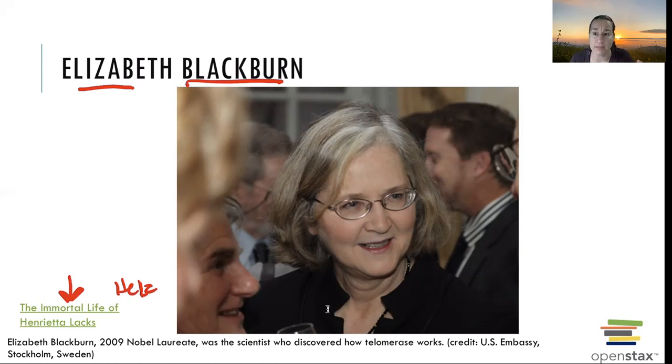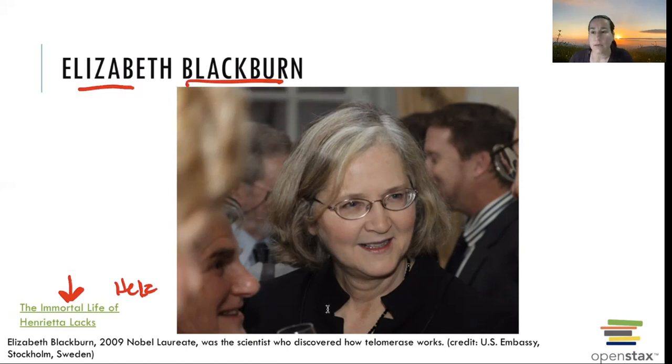They used these cells to do all sorts of experiments because it's a ready-made source of cells. Lots of important scientific breakthroughs used these HeLa cells. I want to say the polio vaccine was thanks to the HeLa cells.